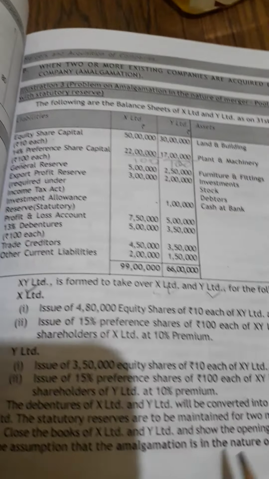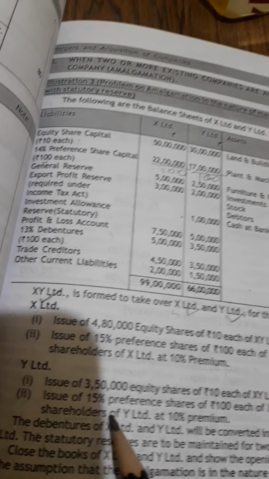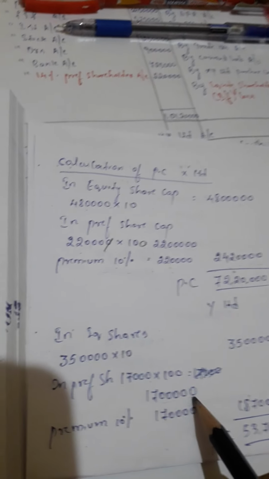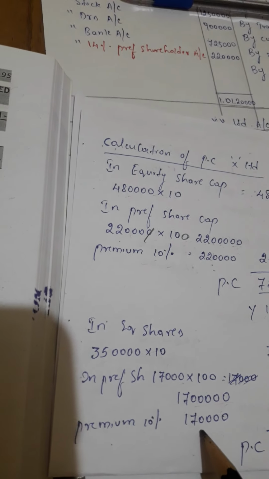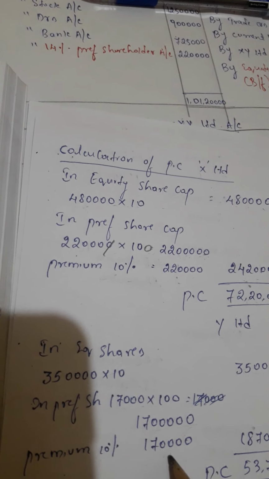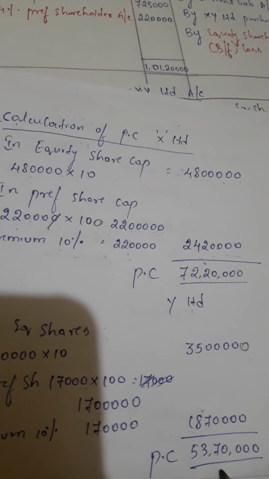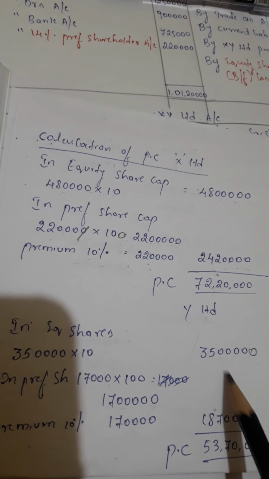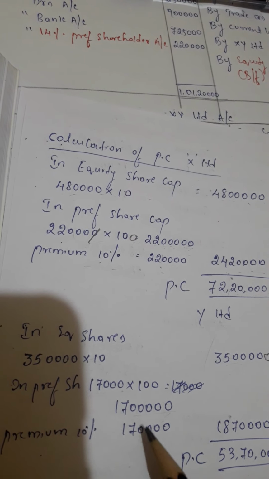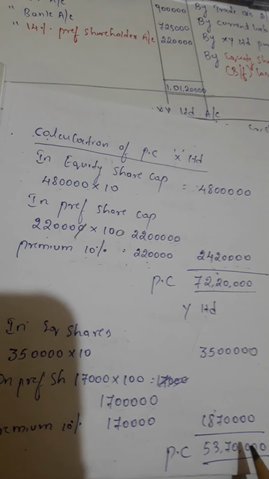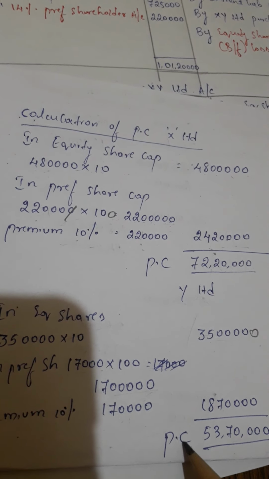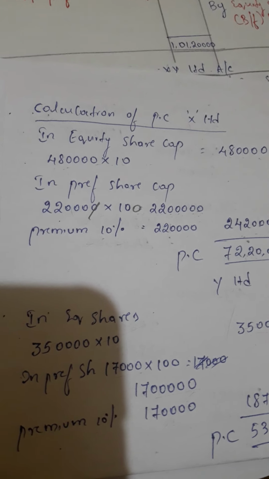And further they were saying discharge the preference shareholders of Y Limited at 10% premium. So 17 lakh of 10% premium, 1,70,000. 17 lakh plus 1,70,000 is 18 lakh 70,000. Equity share of Y Limited is 35 lakh and preference share of Y Limited is 18 lakh 70,000. Total is 53 lakh 70,000, the value of PC for Y Limited.